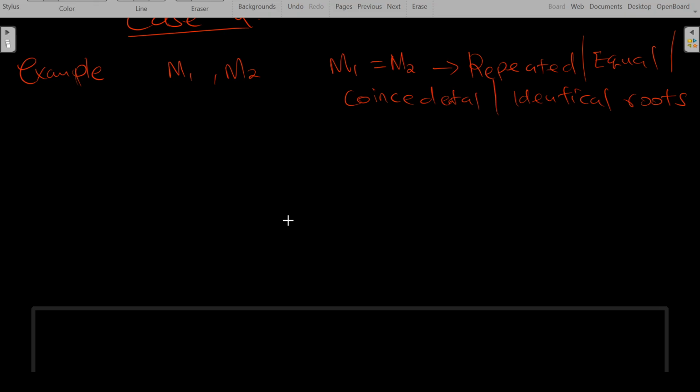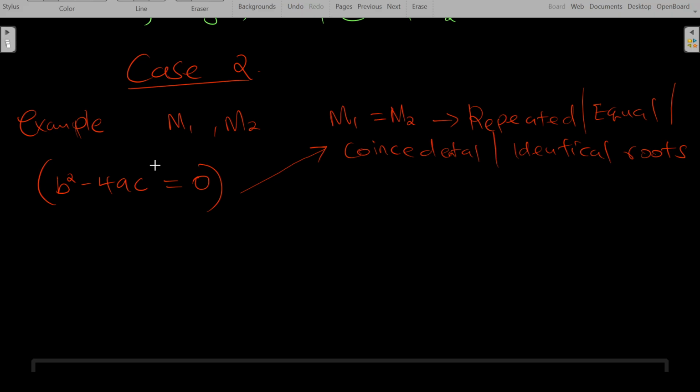And a shortcut method to that, I'm saying if I compute b squared minus 4ac and I get this value equal to 0, I'll have either coincidental real roots or equal roots.